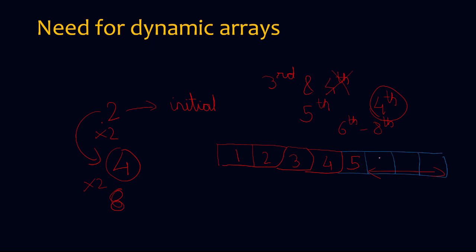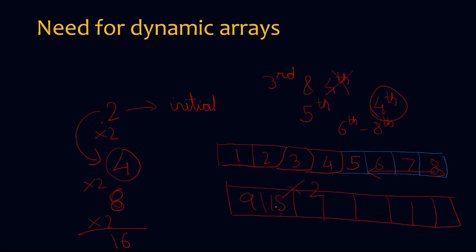Now suppose these get filled up with more elements, then we again have to increase the size by 2x, 16. So we just again have to create something like this. 1, 2, 3, 4, 5, 6, 7. I hope that's it. So 9, 10, 11, 12, 13, 14, 15, and 16, right?